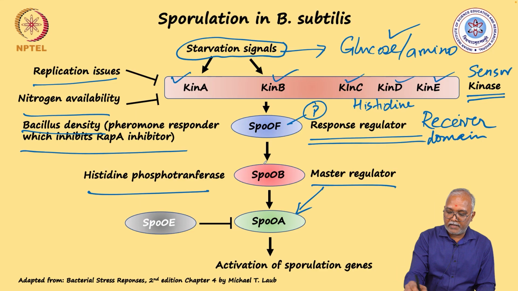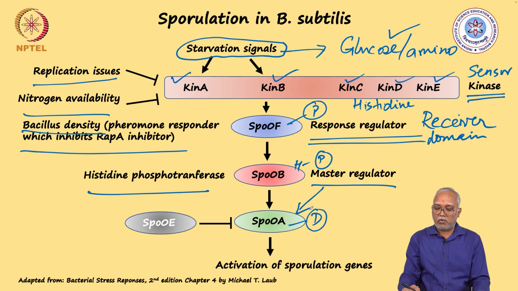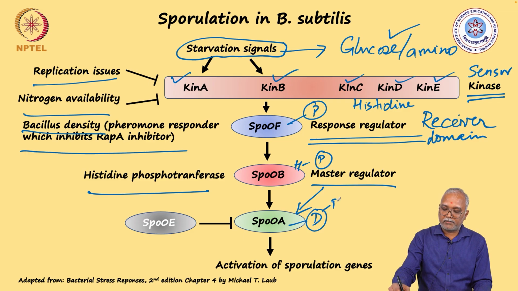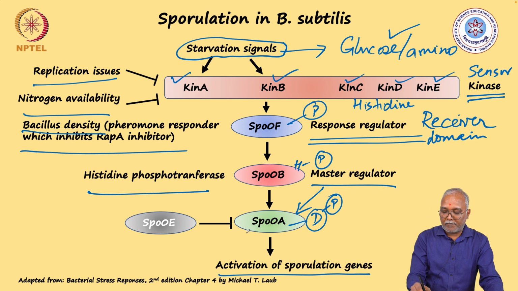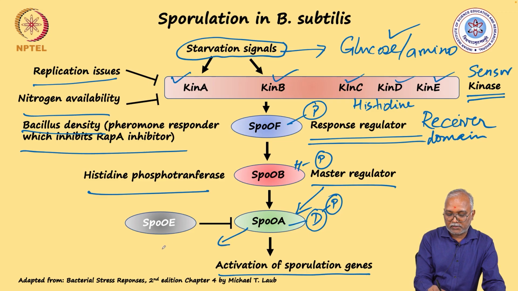So here again you have a histidine which is phosphorylated, signaling moves forward by the phosphorelay event, and the final master regulator Spo0A is phosphorylated on the aspartate residue and it is activated. What does this activation lead to? The activation of sporulation genes. You can easily understand that when we say activation of sporulation genes, the property of Spo0A will be to have transcription factor activity.